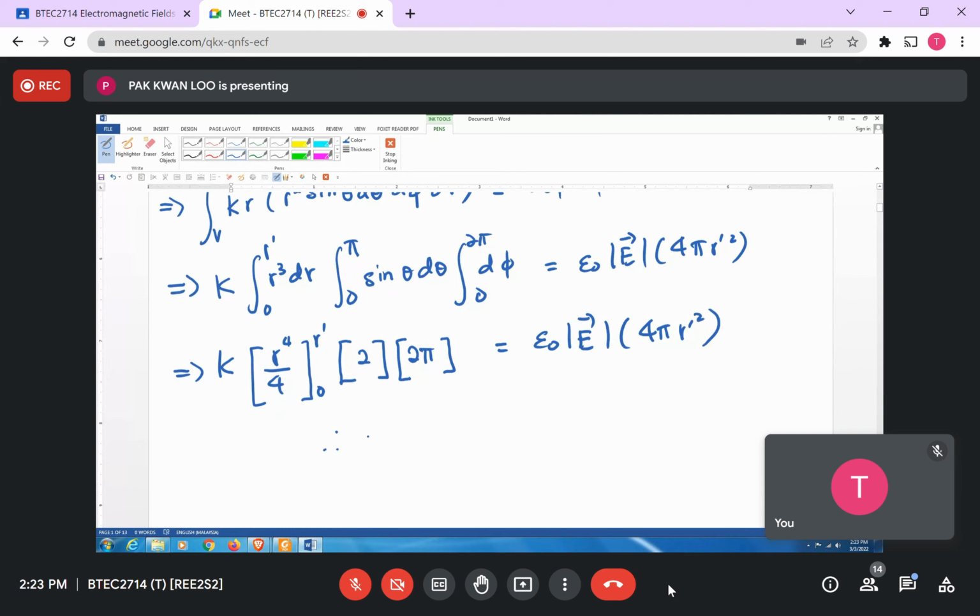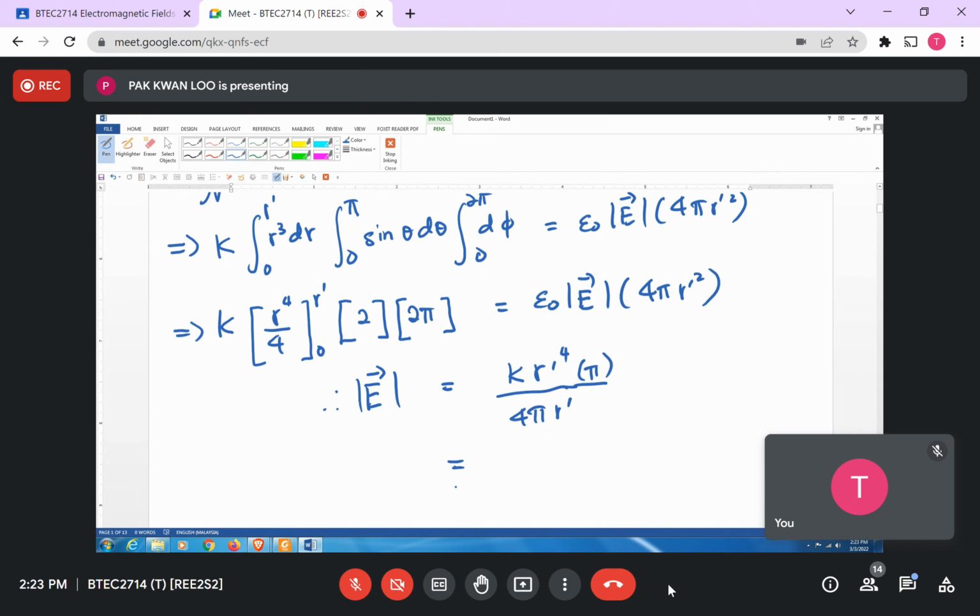So therefore E is k r prime to the power of 4 divided by 4 pi r prime squared, so we get k r prime squared divided by 4 epsilon.